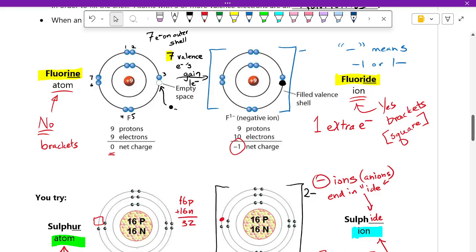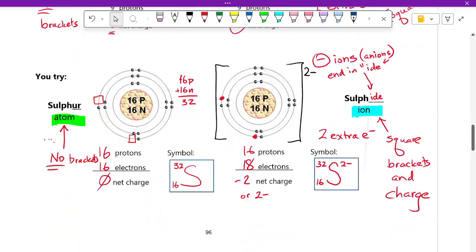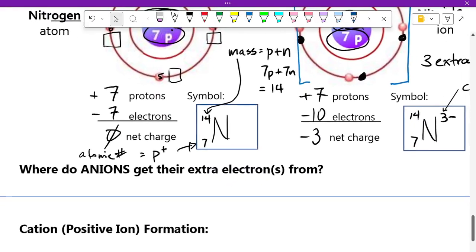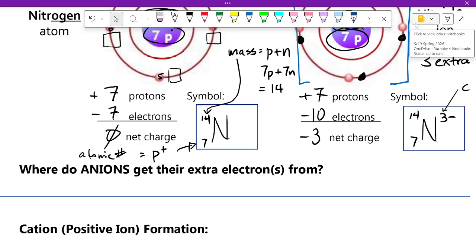So we've now learned that when we have an ion, we use square brackets and a charge. Let's go to that last question. Where do you think that anions get those extra electrons from? Where might they come from? I'm a little non-metal atom.